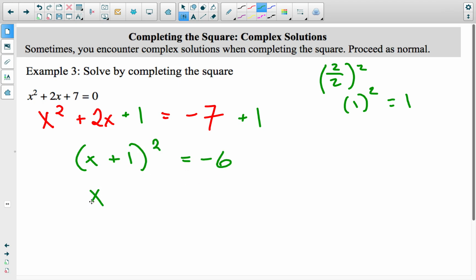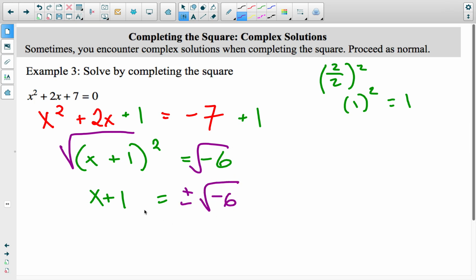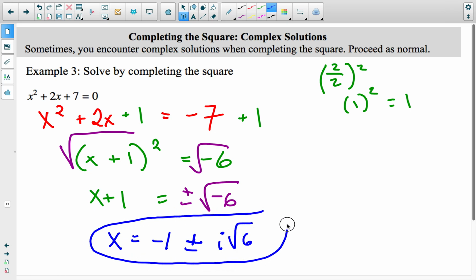Take the square root of both sides, x plus 1 equals, because we are the ones introducing the radical into the problem, we have to put a plus or minus. So x plus 1 equals plus or minus square root of a negative 6. And so this is square root of a negative number, we got to put an imaginary in there. All right, so let's say x equals negative 1 plus or minus i times the square root of 6. And that's what we want.